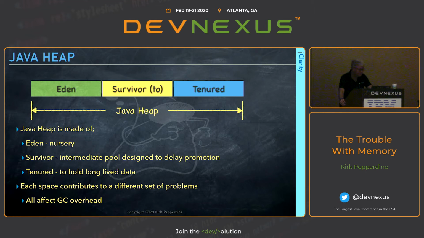And each space here is going to contribute to a different set of problems, and all are going to affect GC overhead. But how we solve these particular problems is also going to affect the memory efficiency of our application.